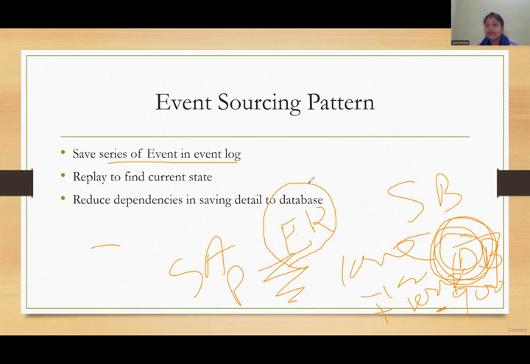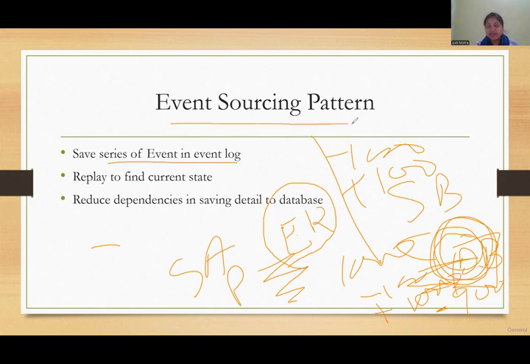Okay. So in this case, if there is a fraud also, you can compensate for that fraud. For example, there was a fraud of 100 rupees, right? So while replaying, you can just add 100 and compensate for the fraud which happened. You don't have to touch the database, right?